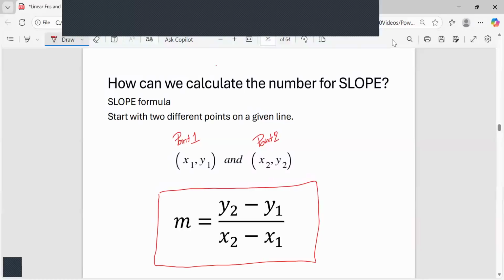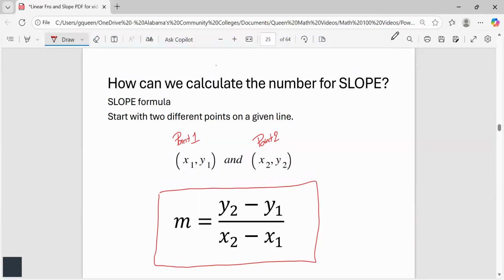The number one mistake that I see students make is they invert the fraction and they put the x stuff on the top and the y stuff on the bottom. So I have a really stupid way of helping you remember that. If I have a fraction bar, think about the x's being on the bottom. The x's are like support for a table, like a picnic table.